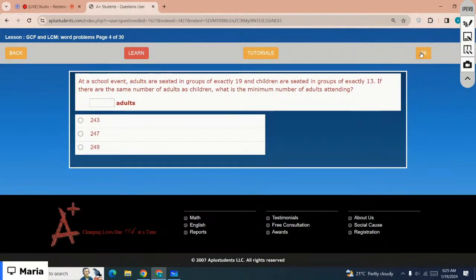At a school event, adults are seated in groups of exactly 19 and children are seated in groups of exactly 13. If there are the same number of adults and children, what is the minimum number of adults attending? So which is the correct option?